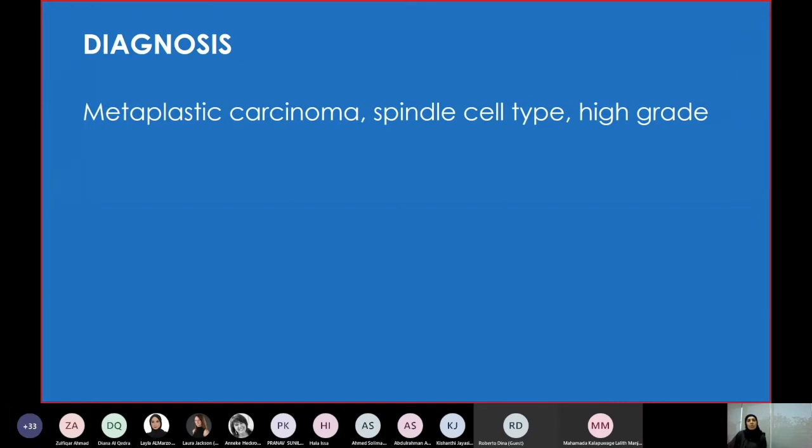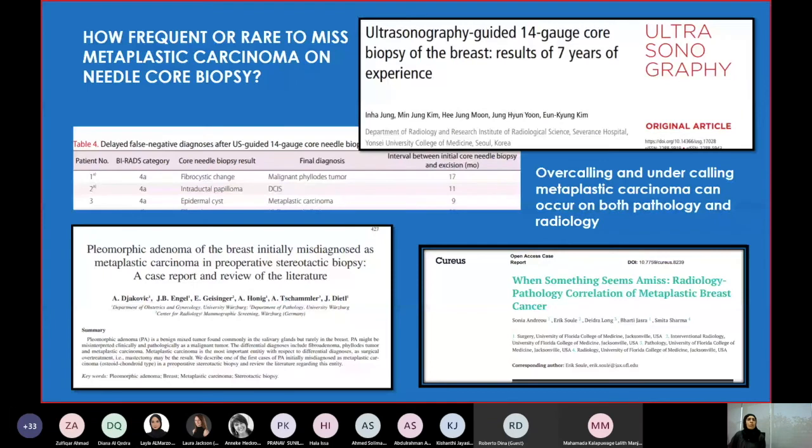So since this case was initially missed, let us look in the literature at how frequent or rare it is to miss metaplastic carcinoma on needle core biopsy. Actually, it is not uncommon. I found a couple of reports, both in radiology and pathology, showing this can be deceiving.